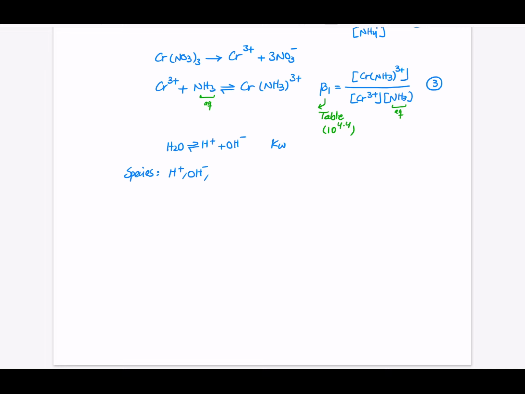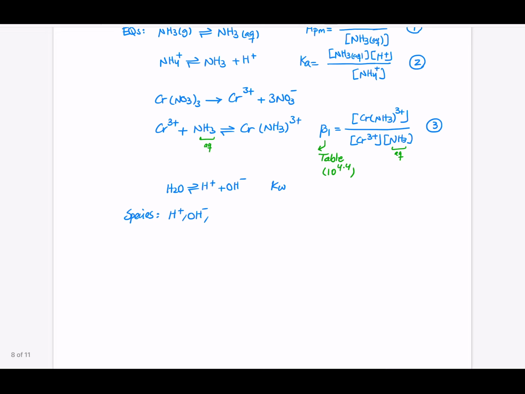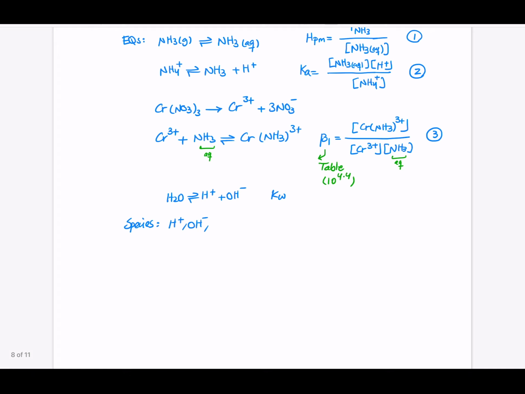What else do we have? Let's start from the top, like the reactions we have. Yes, NH3 aqueous, obviously. We don't care about the gas phase because it's all speciation about the liquid phase.